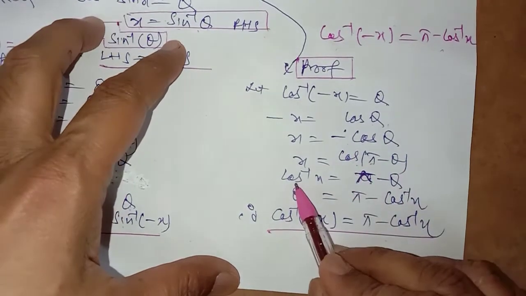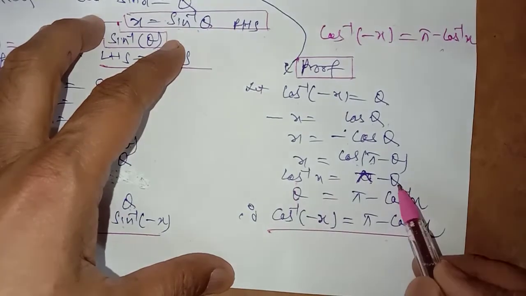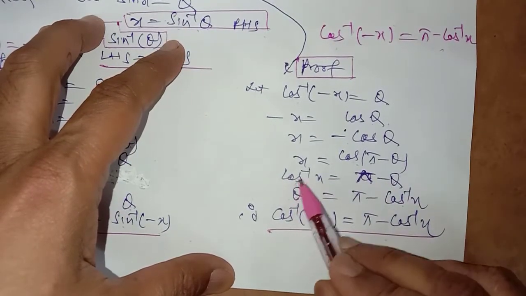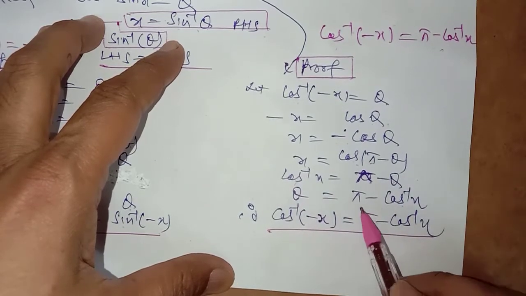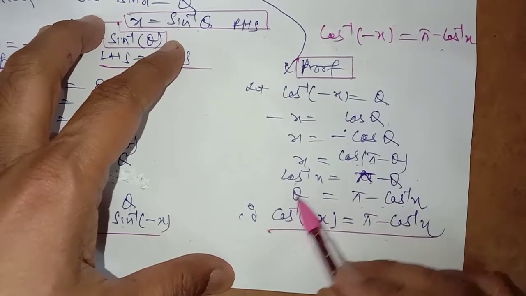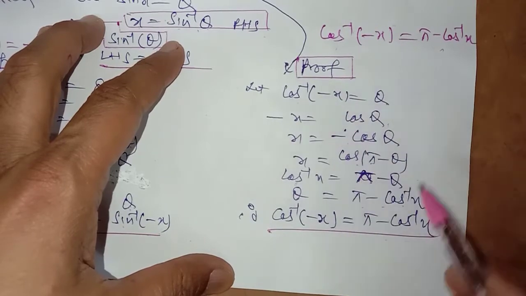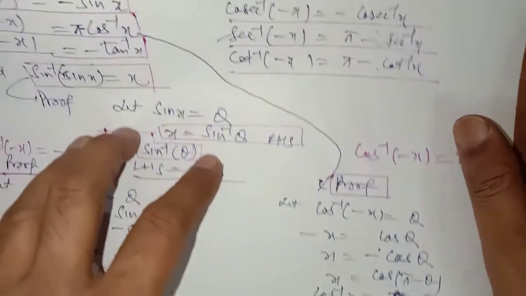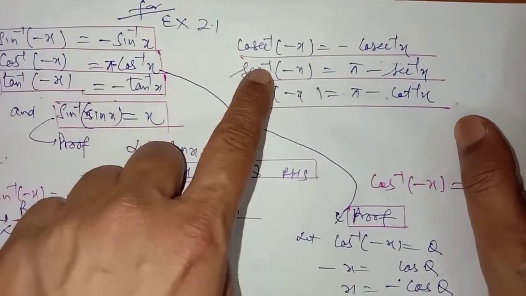Take this to the left hand side, so cos inverse x, so theta is equal to pi minus cos inverse x, and theta we have let as cos inverse minus x. So cos inverse minus x is equal to pi minus cos inverse x, and like this we can prove all these 6.